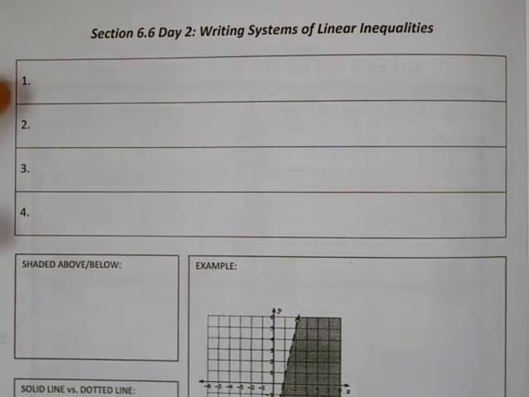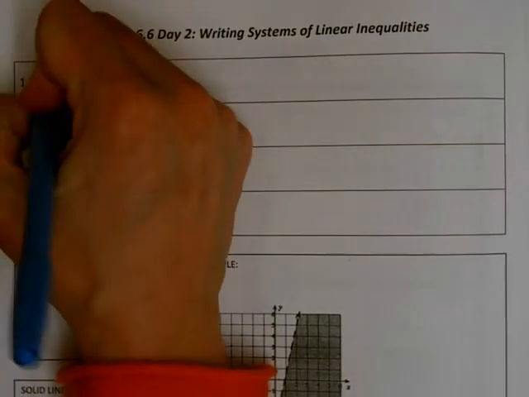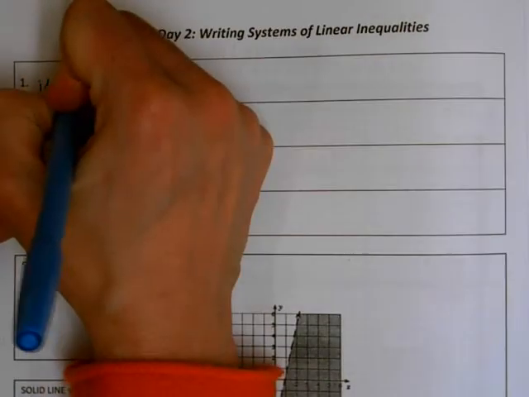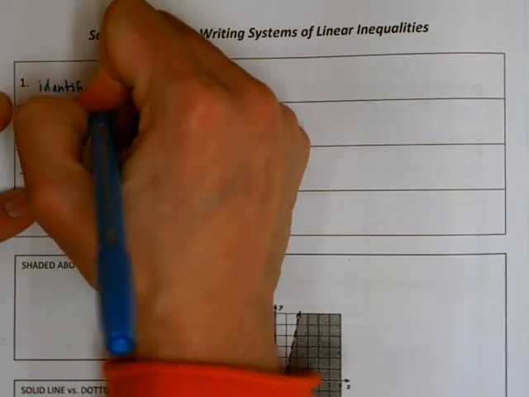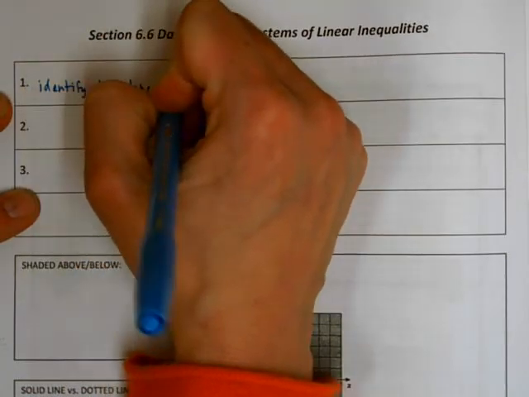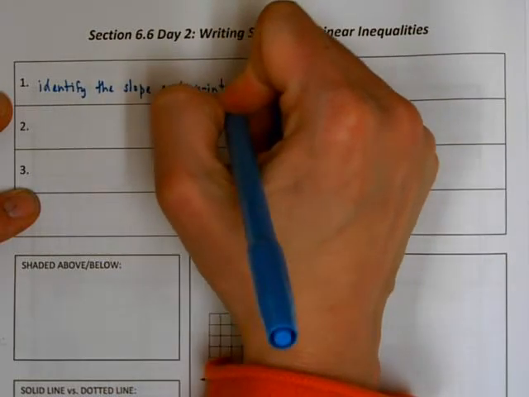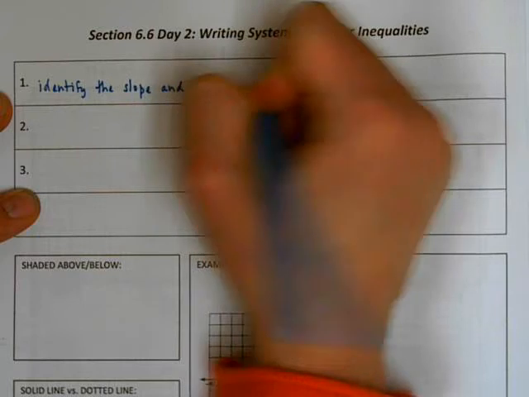So the first thing we're going to do when we're looking at our graphs is we're going to identify the slope and the y-intercept of the line.